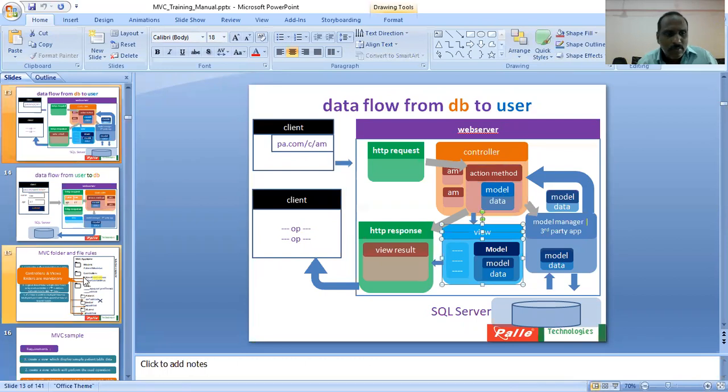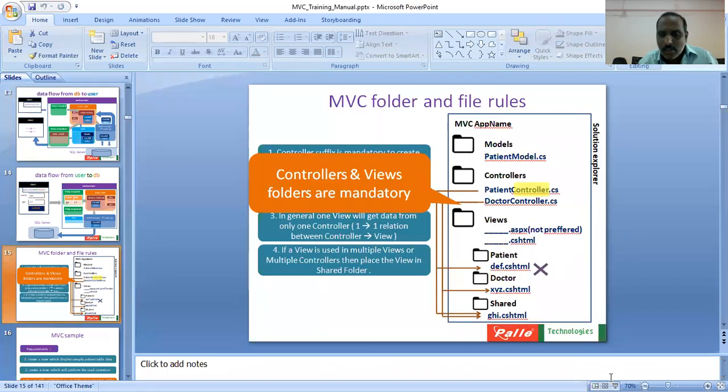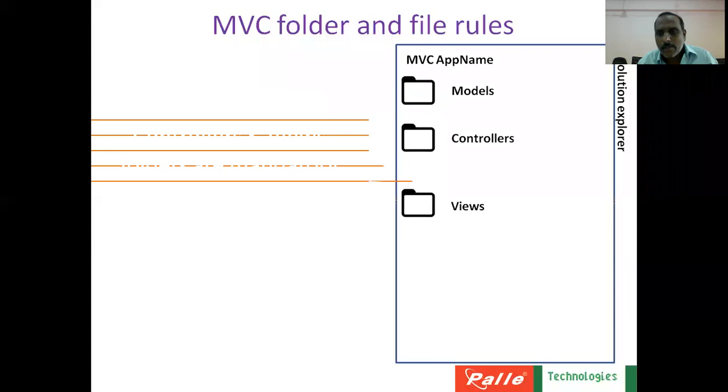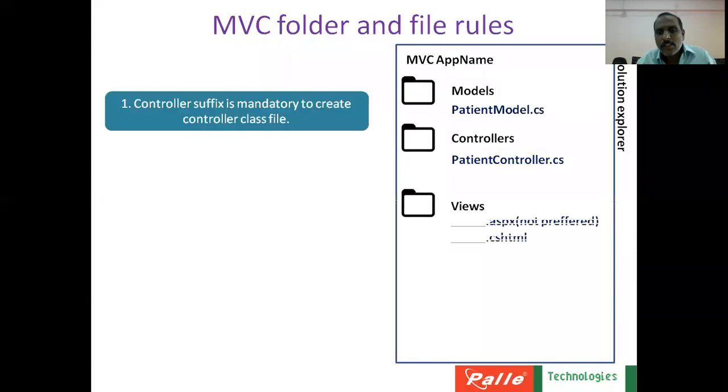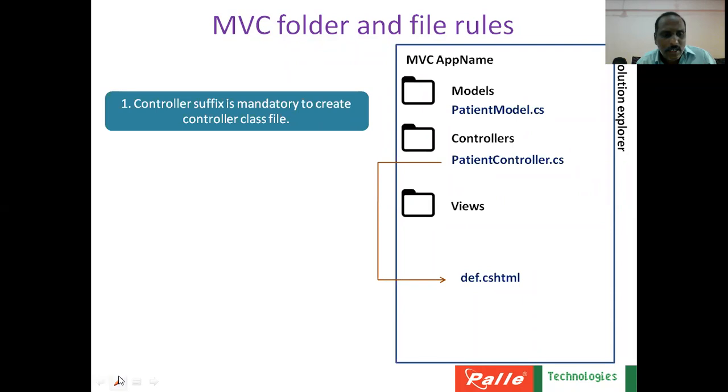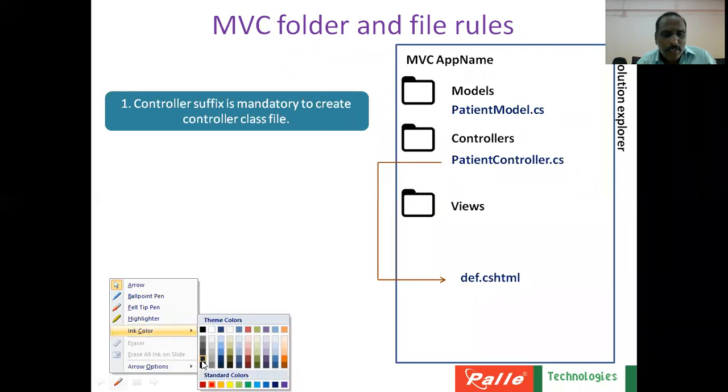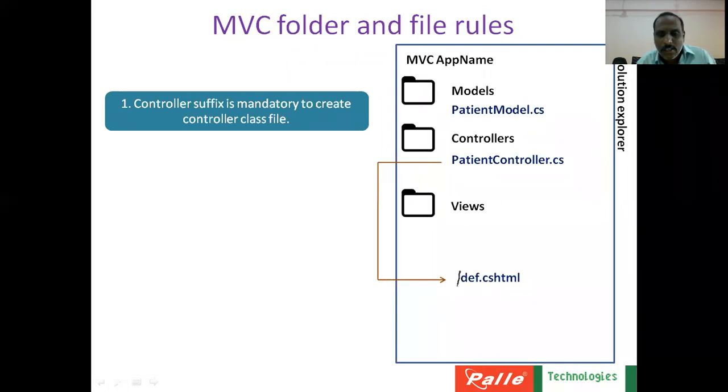I am just trying to explain the same thing. Observation is important. For some reason, I want to send the data from PatientController to this file. There is a dummy, meaningless file created with the name def.cshtml. So I want to send data from PatientController to this view.